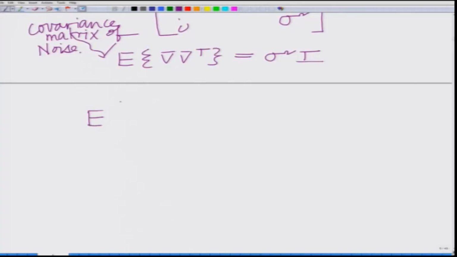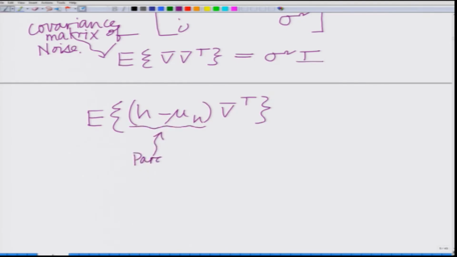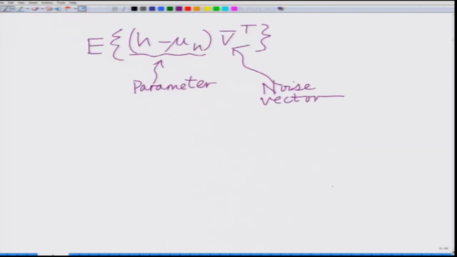So, we have the parameter h. Remember, we have the expected value of h minus mu h times V bar transpose, this is the parameter, minus, of course, you are subtracting the mean, and this is your noise vector. So, the parameter and noise vector are uncorrelated.